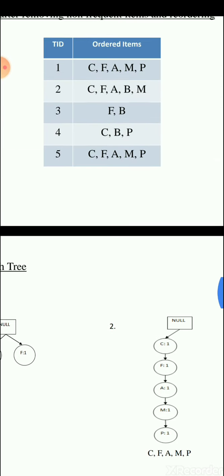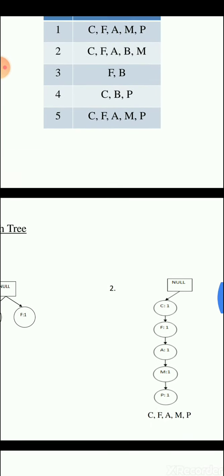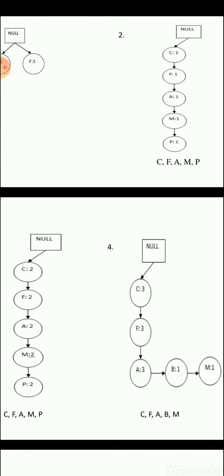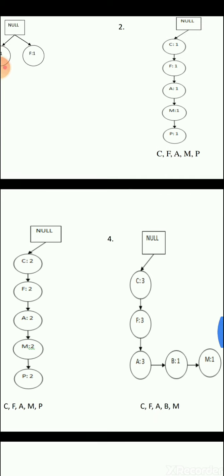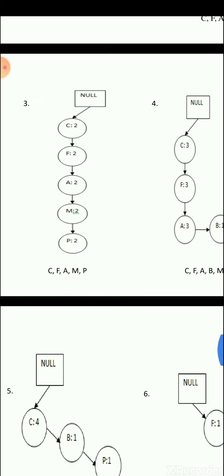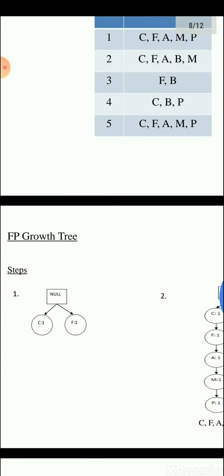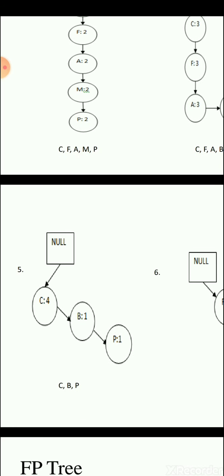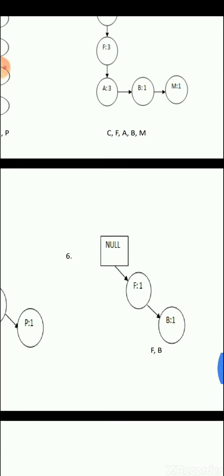Next we take C F A B M. When you draw C F A B M, the counts of C, F and A are increased, and you draw B and M. Next is F B, which is attached, and the count is increased wherever applicable.